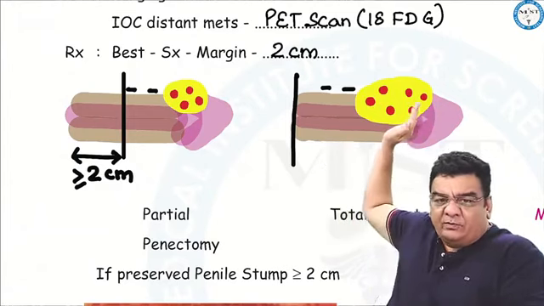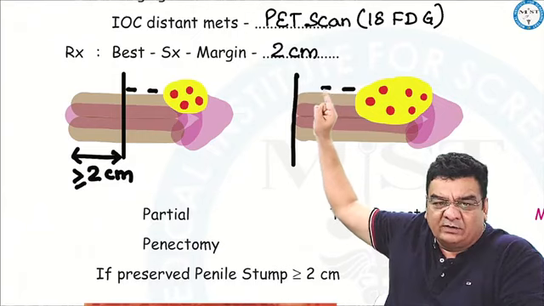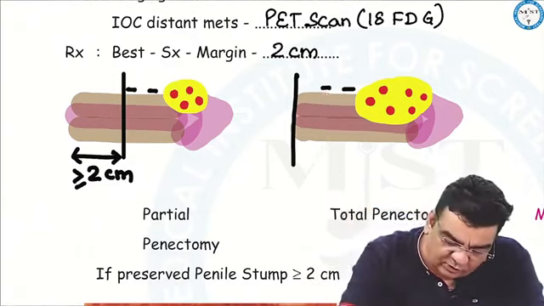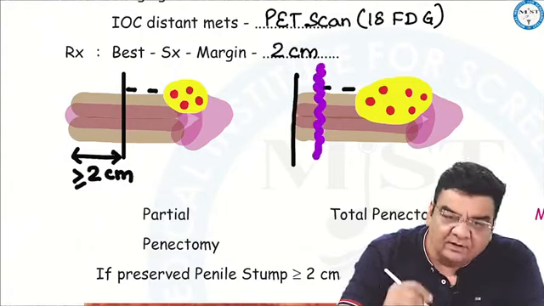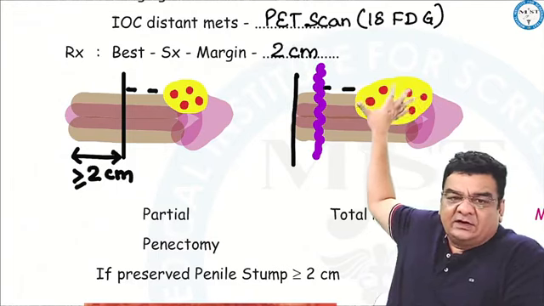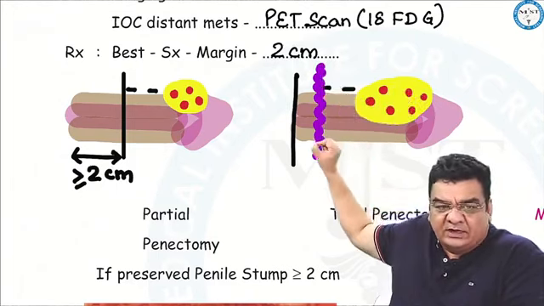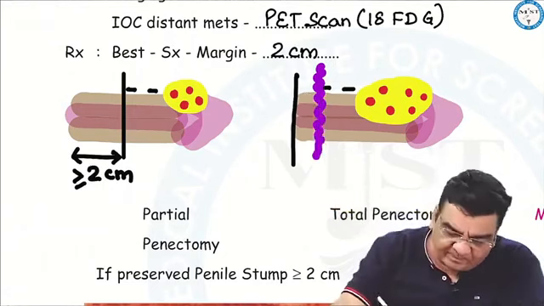But if the cancer is coming more towards the proximal part, and now if you take a 2 centimeter margin, then if you try to chop the penis at this level, look at the screen, beta. If there was a cancer here and you take a 2 centimeter margin and you want to chop the penis here, what you will be left with is only this area.